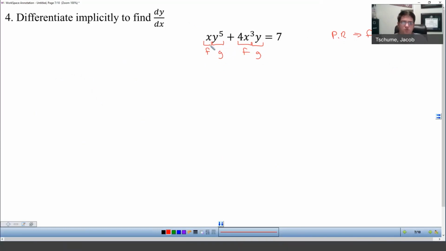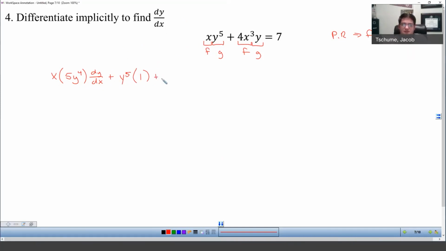So starting with the first product rule, I would take f, which is x, times the derivative of g, which would be 5y to the 4th, times a dy dx term, plus your g term, which is y to the 5th. Apologies for that. Let me erase that. There we go. Y to the 5th times the derivative of f, which is 1. That is the product rule of the first two terms.